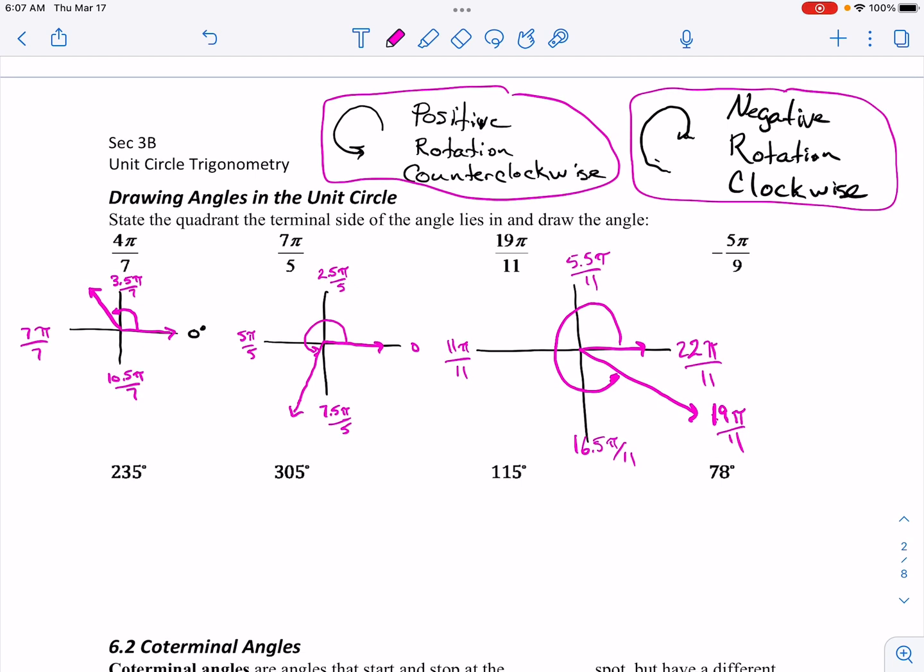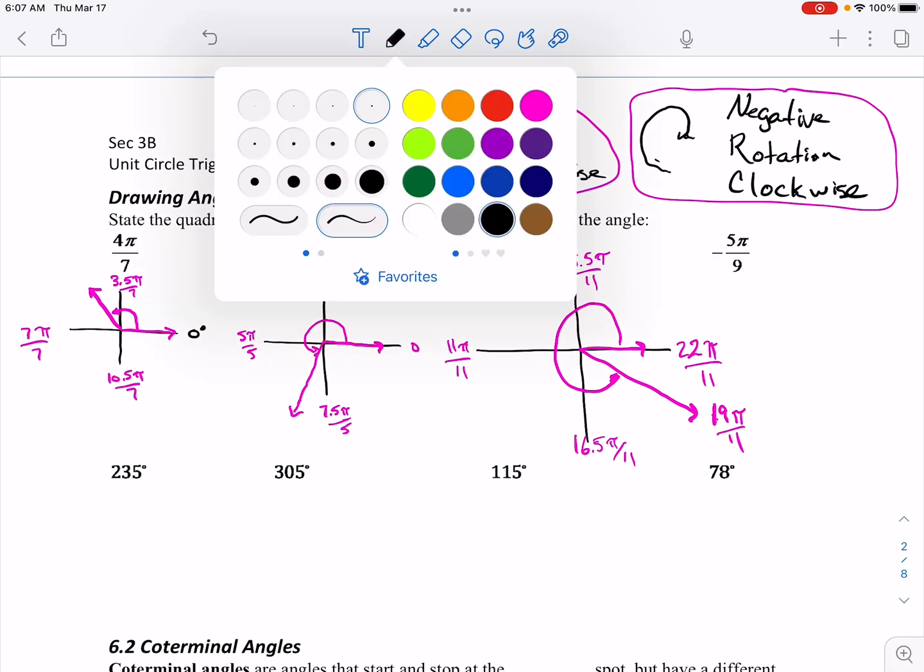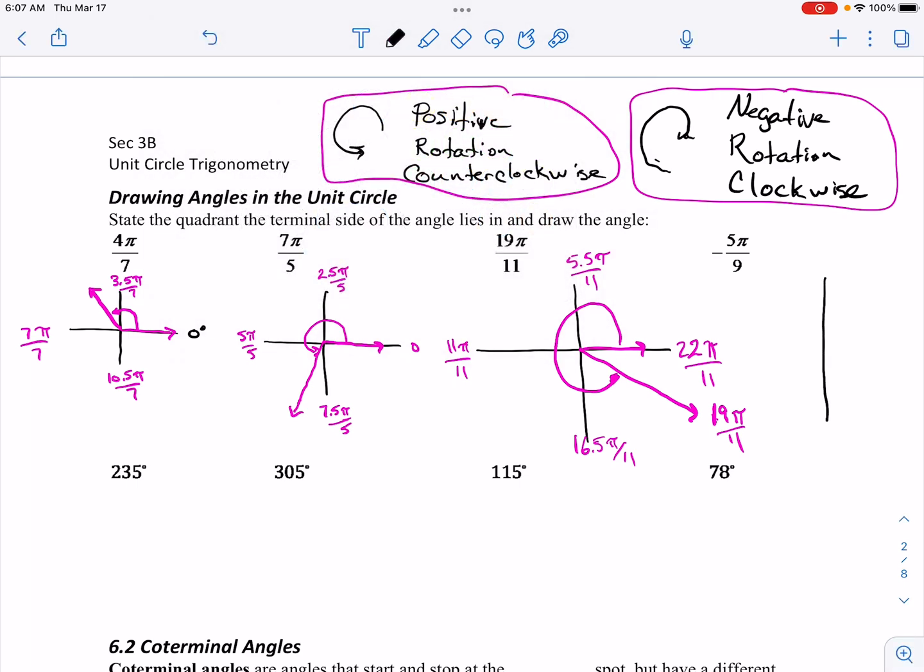All right, this next one's a negative angle, so it has to rotate the opposite direction. Instead of rotating counterclockwise, this one's going to rotate clockwise when it's negative. We still start pointing at 0 radians. But now, when I rotate around, well, halfway is still the same.